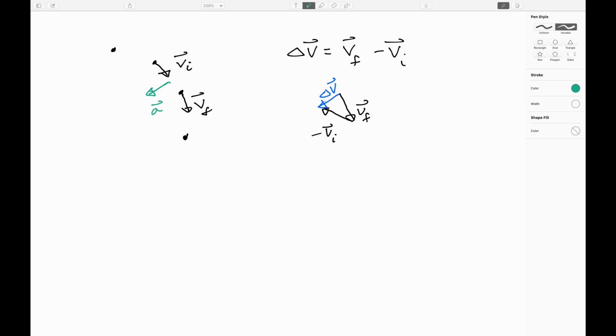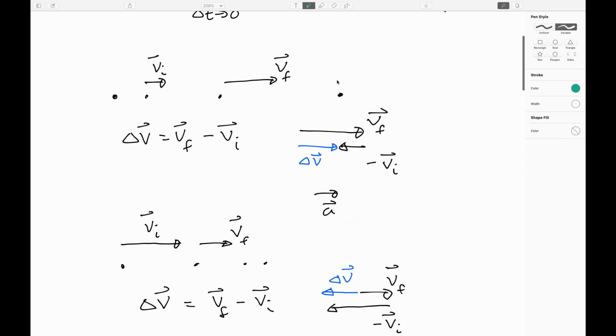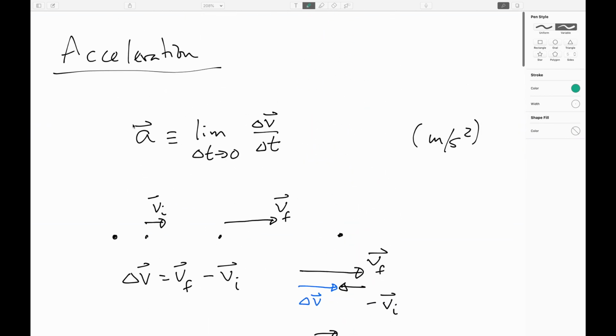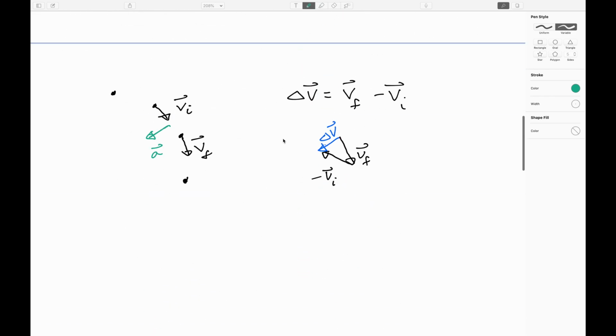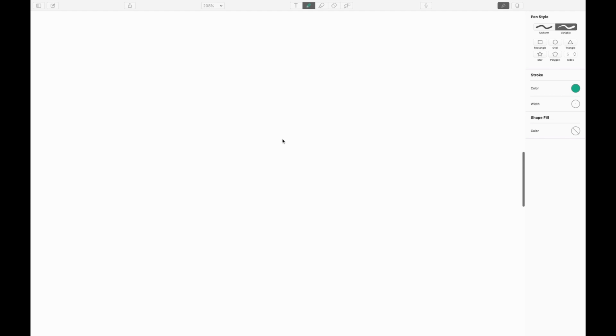Okay, so now let's start to think about this more graphically. So again, if we go back to our definition, we said that it's the limit of delta v with respect to delta t. And since we're working in one dimension here, I'll just drop the vector signs.